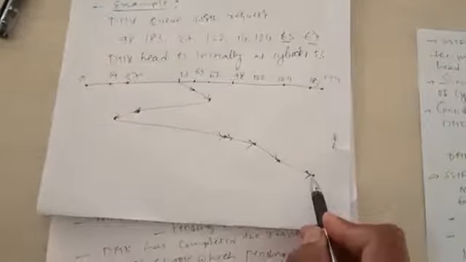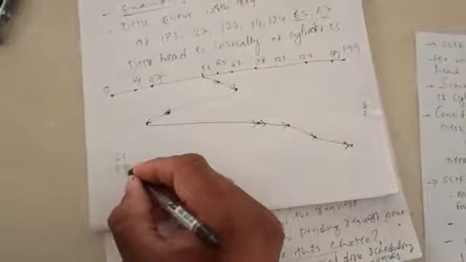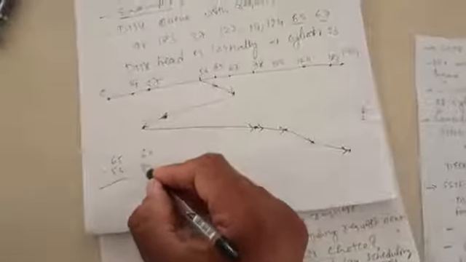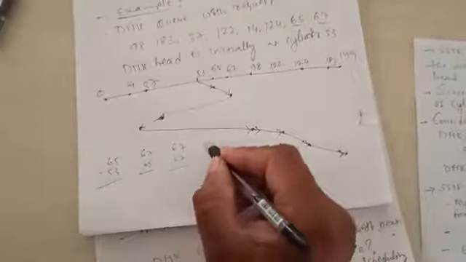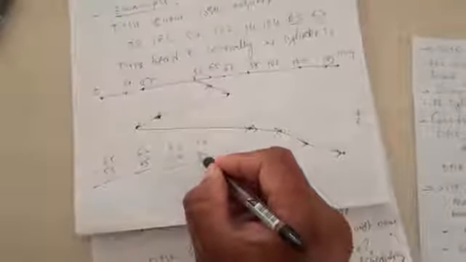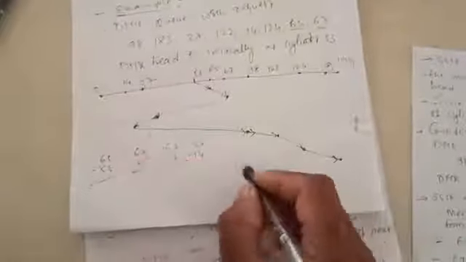Now the total number of head movements required, we will see by calculating here. Consider 65 minus 53, then 67 minus 65, 67 minus 37, then 37 minus 14. Then from 14 you go to 98: 98 minus 14, then 122 minus 98, then 124 minus 122, then 183 minus 124. We go on subtracting and get the result.